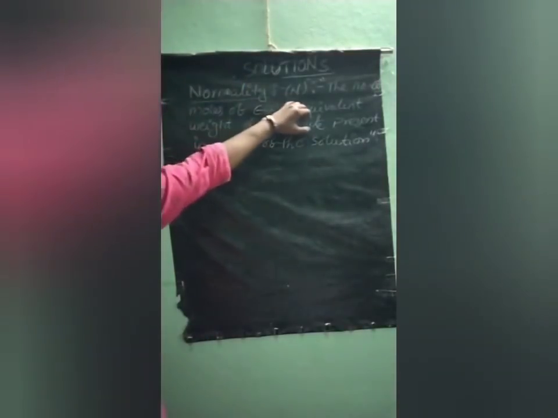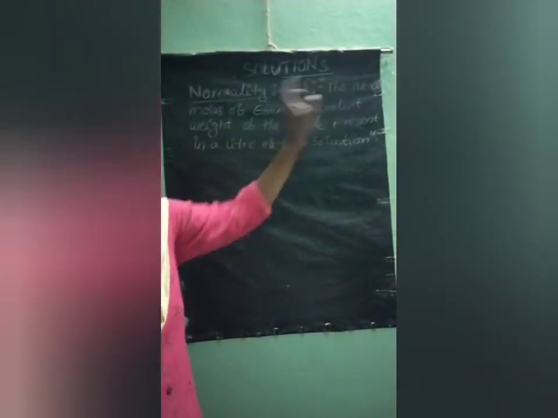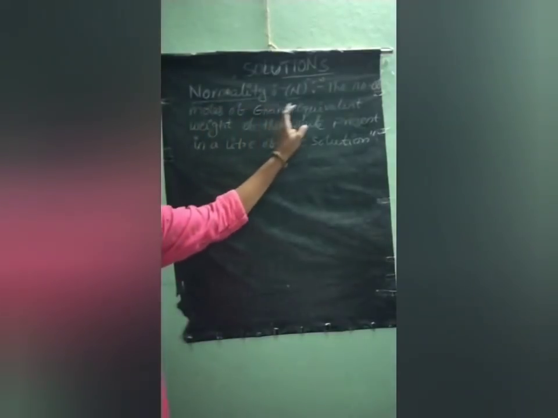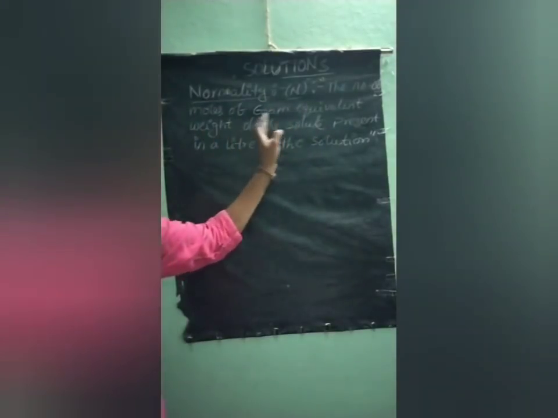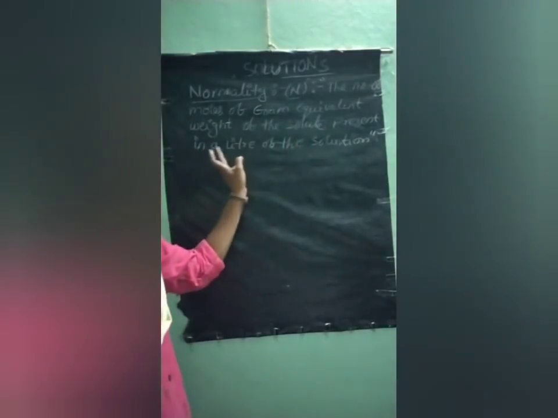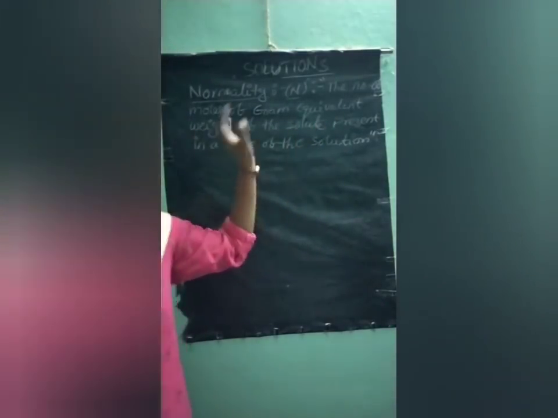This is the definition. Normality is denoted by the letter N. The number of gram equivalent weights of the solute present in a liter of the solution is known as normality.